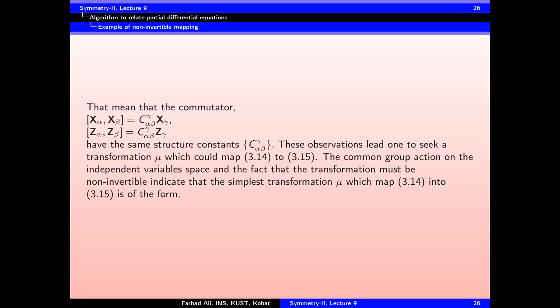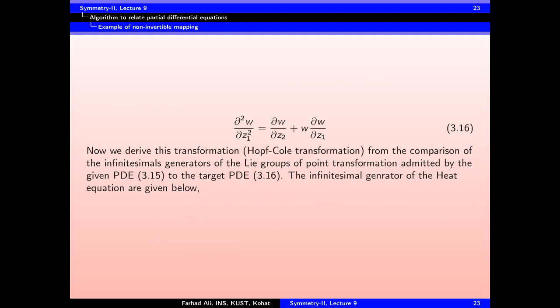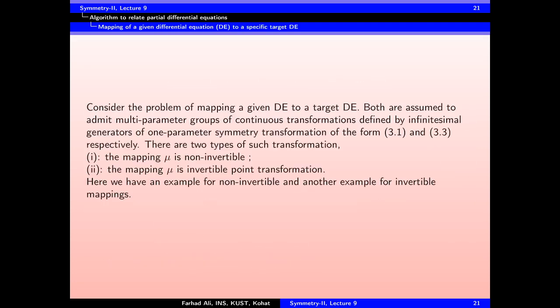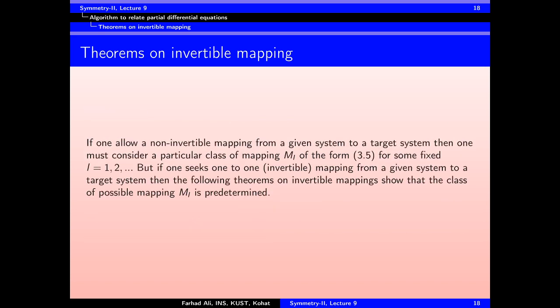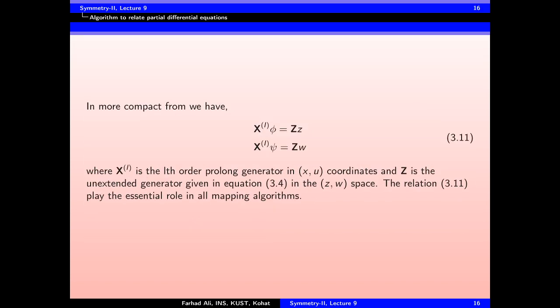It is seen in the previous slides that for the mapping we need prolongation. Let's see it again. You see this is a prolongation. So we need the prolongation on the one side and no prolongation on the other side. So we prolong these generators.